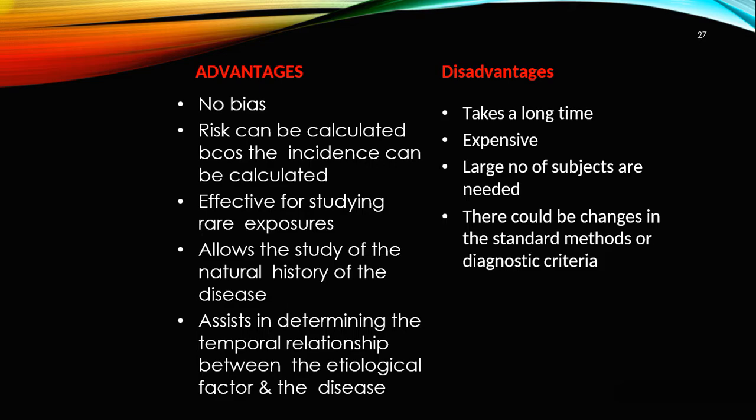Okay. So the advantages of it are, first, that there is no bias. Risk can be calculated because the incidence can be calculated. Then it is effective for studying rare exposures. This is very important. Then it allows the study of the natural history of the disease, that means how disease progresses in due course of time.